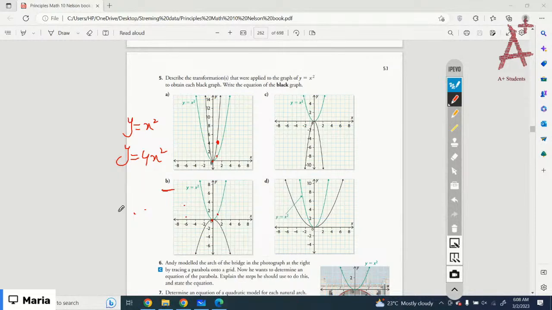So the graph is a factor of y equals, because it opens downward, negative 2.5 times x square. That means the green graph is transformed to the black one with y equals negative 2.5 x square. Got it?